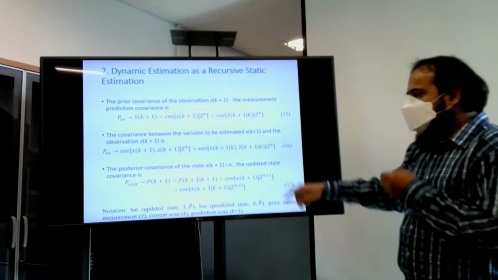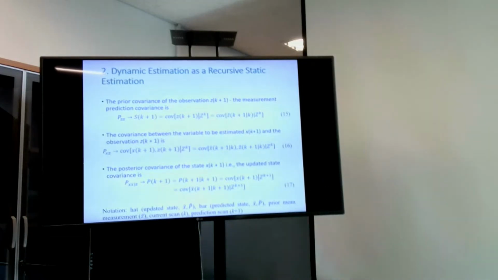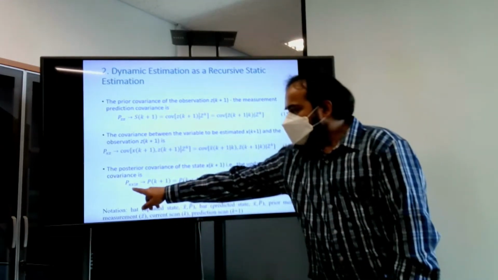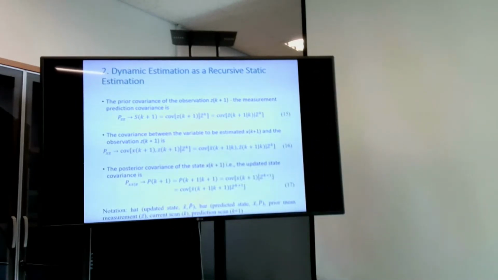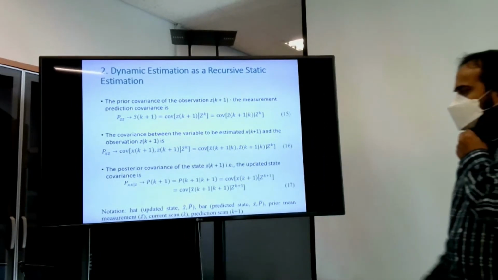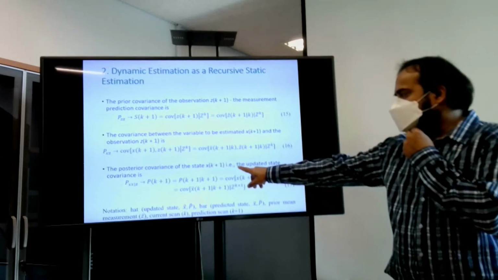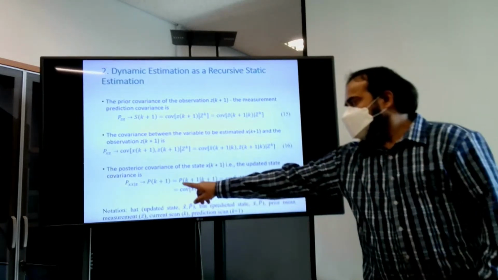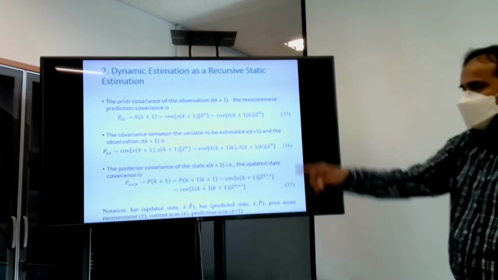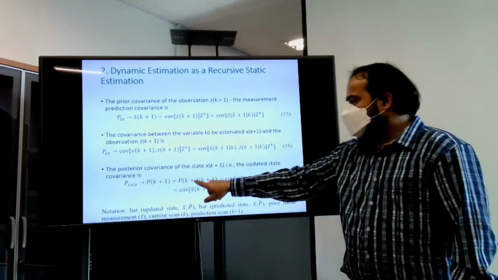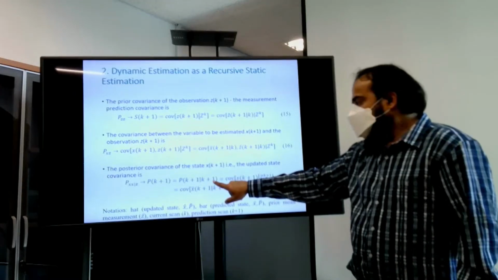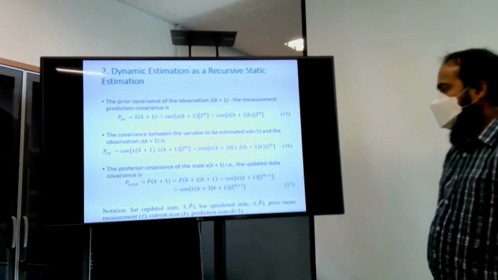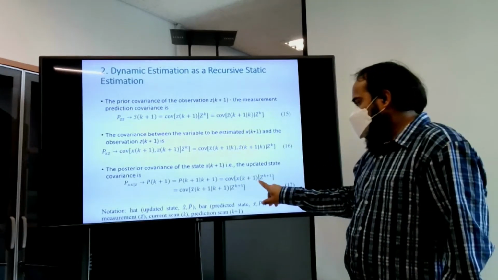And similarly, Pxz is the posterior covariance of the state k plus 1, or the updated state covariance, this one. Like this one, in the scan time 2 we have to calculate k plus 1 for the new measurement set, and having the covariance of this thing.